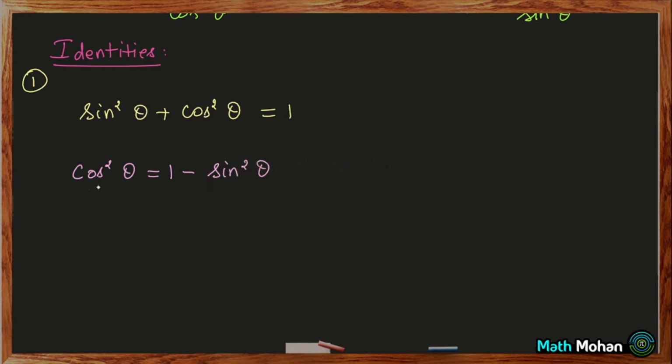Suppose I want cos theta, I can take the square root on both sides. Cos square theta equal to 1 minus sine square theta, taking square root on both sides.